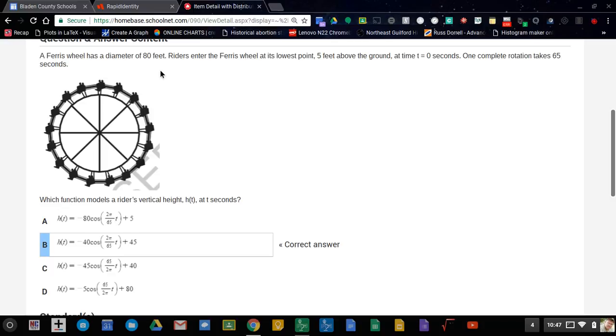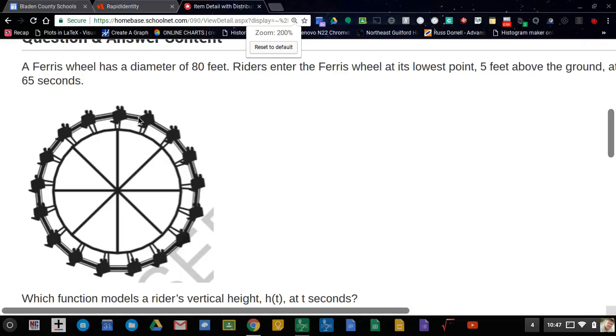So if I'm looking at this, I'm going to take each of these in pieces. A Ferris wheel has a diameter of 80 feet. What piece of information regarding the trig function does that feed into?